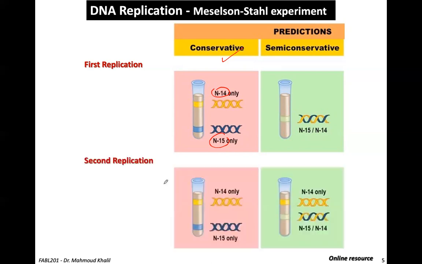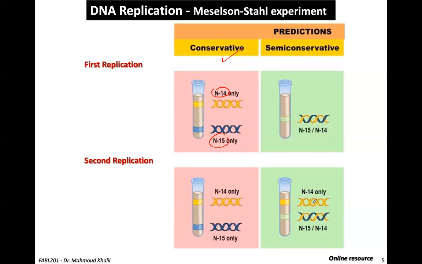In the second replication, you can see the same holds for the conservative. Some of the DNA will migrate in the upper layer, which is the N14, and some will migrate in the lower layer, which is the N15, because N15 is heavier than N14. But for the semi-conservative, you will see there is no N15-only DNA; you have only DNA that is a mix of N15 and N14, and DNA that is N14 light only.